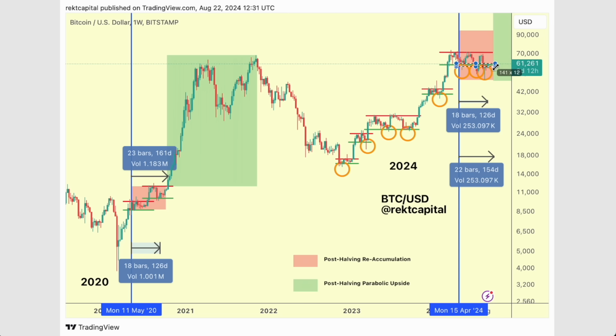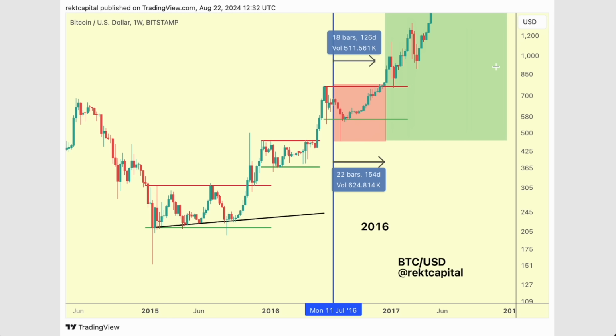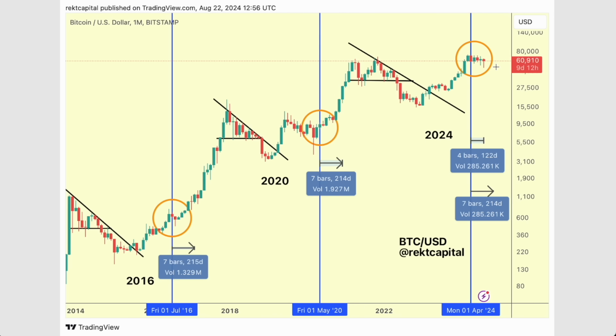So we are lagging more relative to the 2016 cycle and lagging less, but still lagging, relative to the 2020 cycle. But most of all, it's important to note that we're not lagging in the cycle overall because we rallied to new all-time highs prior to the halving for the first time ever.